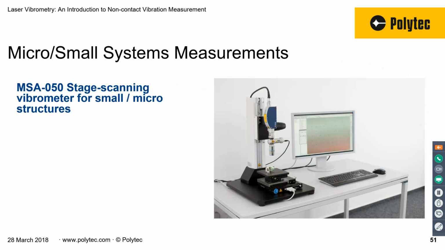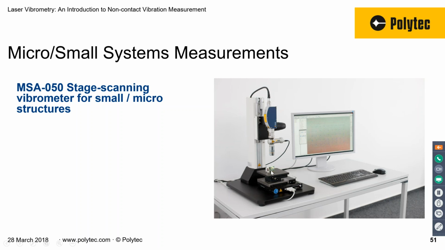Here is our micro small systems measurement system. It's for those who are budget conscious but need to measure microstructure devices. It is again stage-driven scanning with our OFE 534 you saw earlier with a microscope.